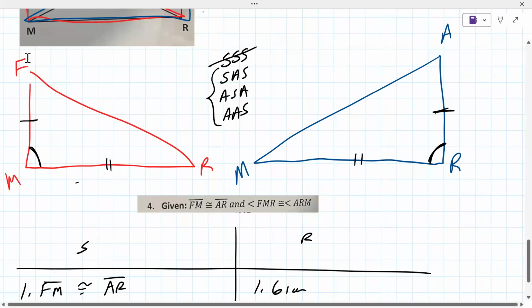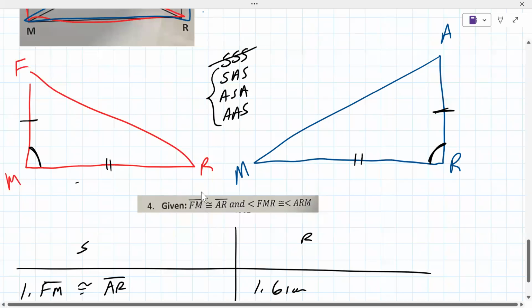Okay, so tell me about F. How would you describe F to someone that couldn't see it? What's it between? It goes to R. But what do you mean by between? Like the two points?